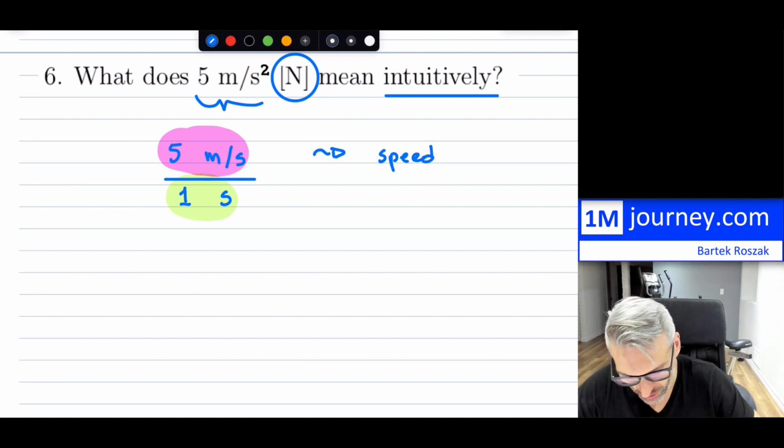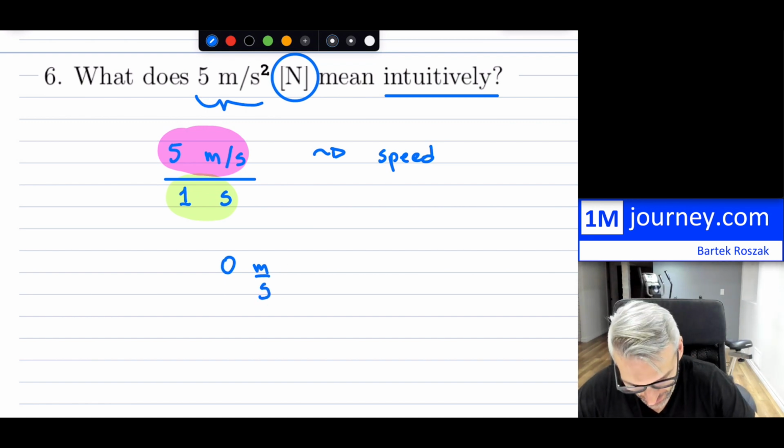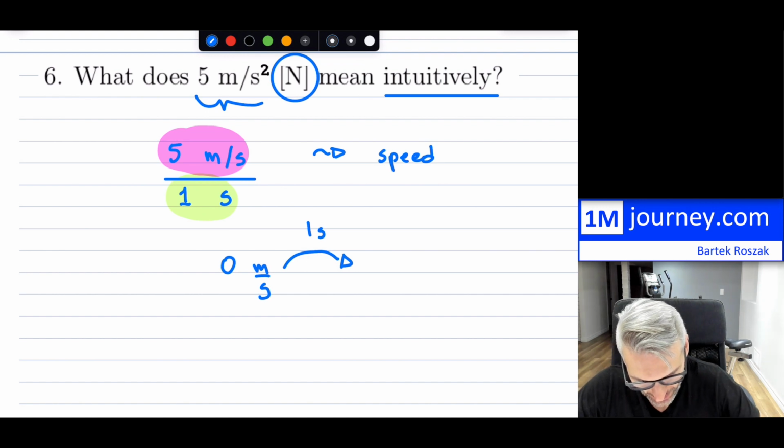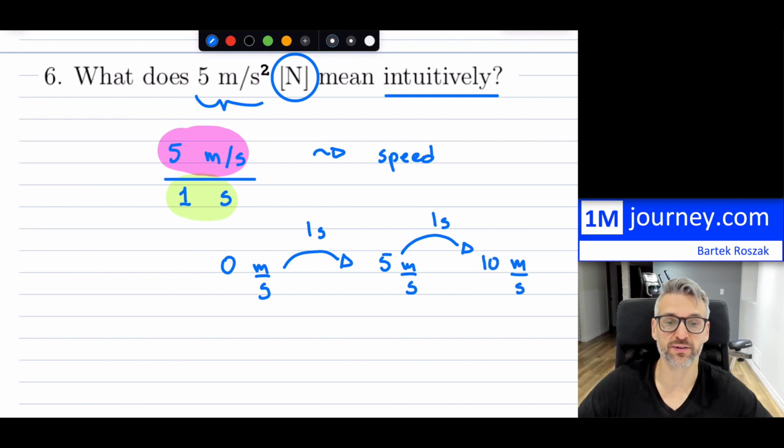So if you started at 0 meters per second, so basically you're at rest, then after 1 second, you would increase that speed to 5 meters per second. And if one more second passed by, so that would be in 2 seconds, you would be moving at 10 meters per second. And then another one, 15, and 20, and so on.